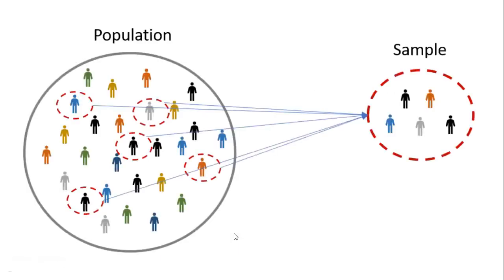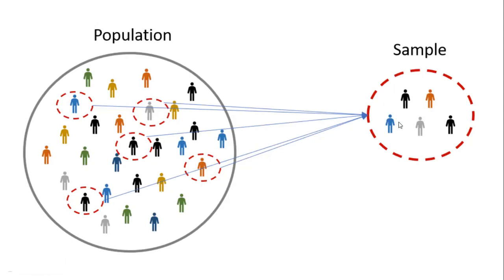Now let's move on. See, this is my whole population. Let's say it's about a city or a colony, any class like this. And now I'm choosing some random persons out of this population and collectively keeping them in my sample.